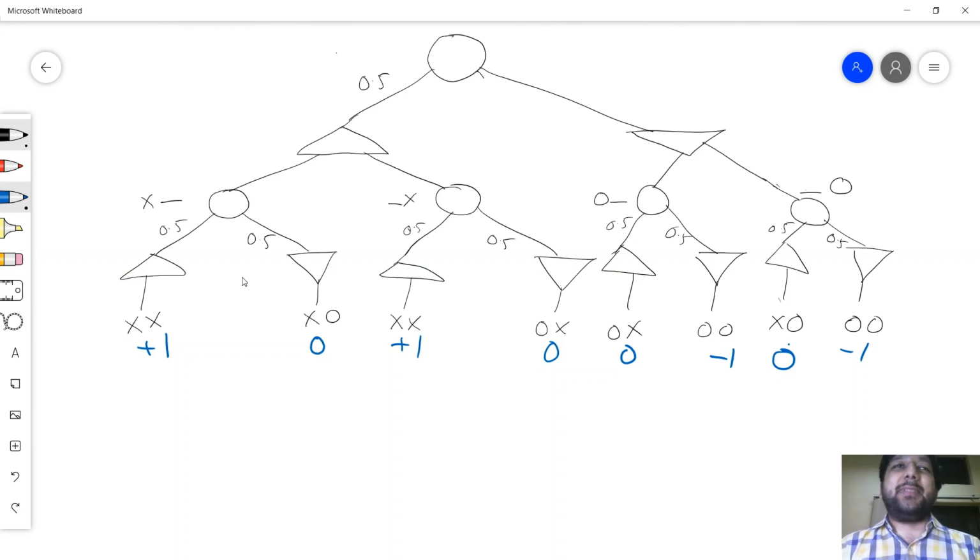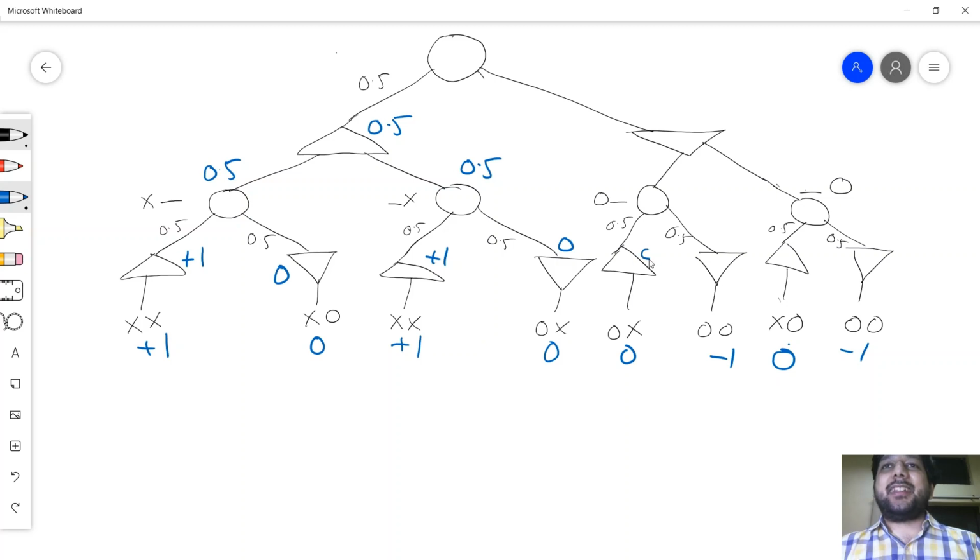Max, of course, will, I mean, I did not go strictly backtracking, my bad. I should have done. So 0.5 times 1, 0.5 times 0, so it becomes 0.5. Now I'll try to go in a strict backtracking way. So that's a plus 1, that's a 0. 0.5 times plus 1, 0.5 times 0, so that's 0.5. Maximum of 0.5, 0.5, 0.5.